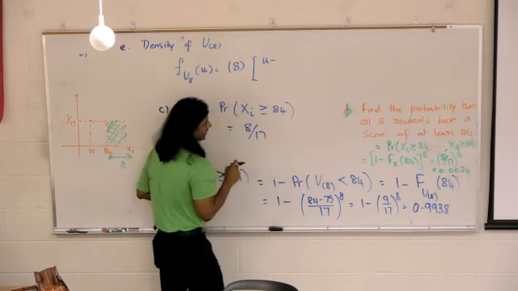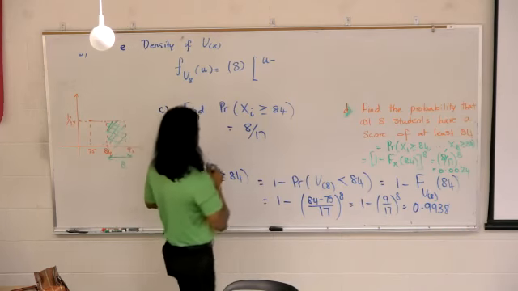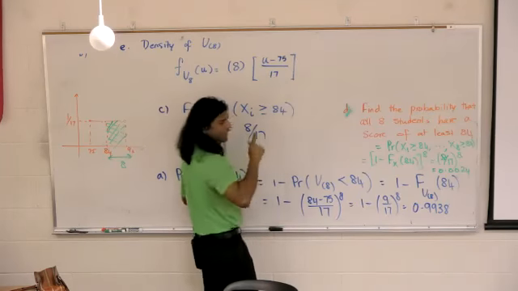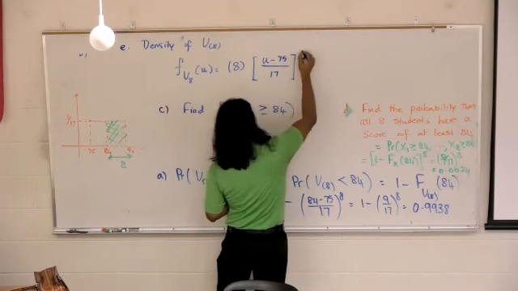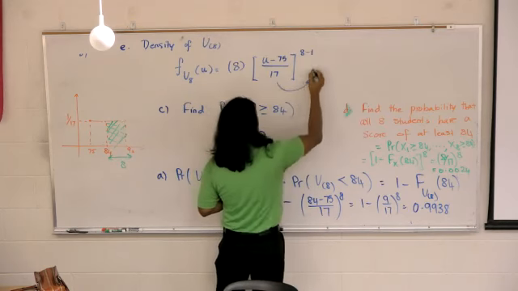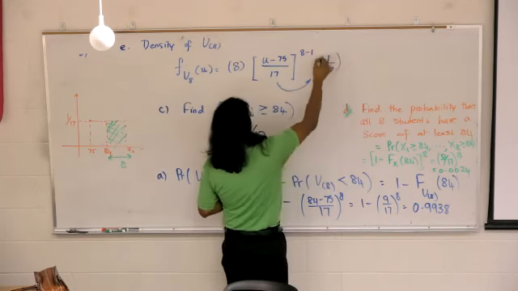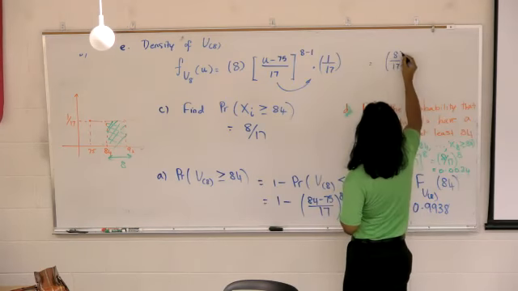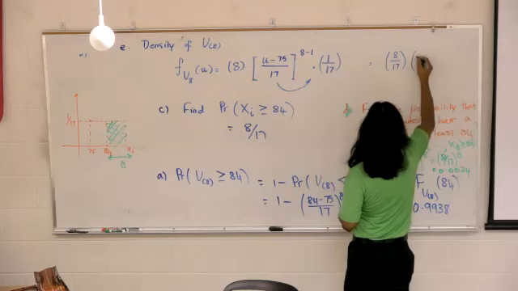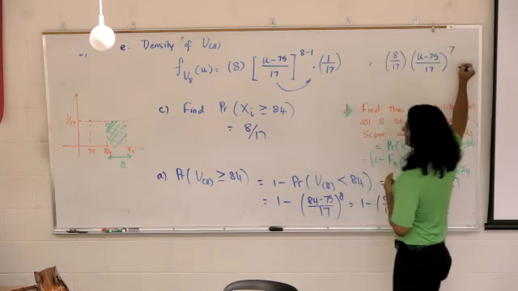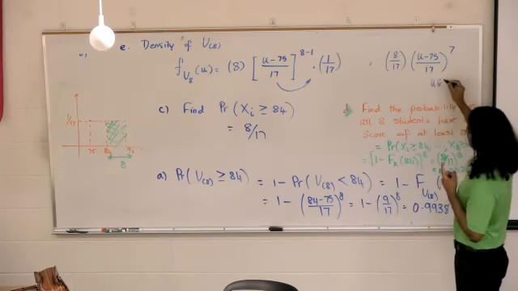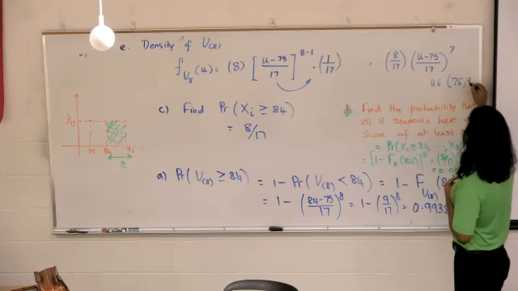So in this case, u minus 75 divided by 17 raised to n minus 1, so 8 minus 1, multiplied by the derivative inside, that's 1 over 17. So we will have 8 over 17 times u minus 75 divided by 17 raised to the 7th. Got to keep in mind the support: u is still in 75 to 92.